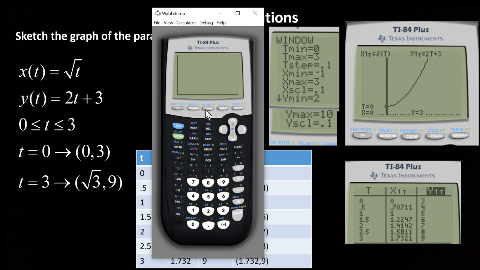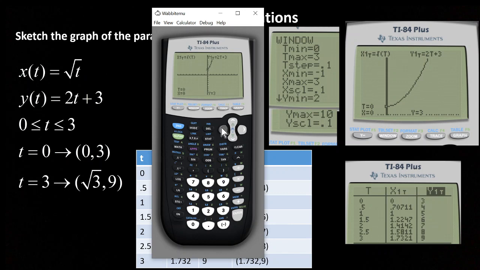So let's see. Let's go to zoom standard first. There we go. So we can trace over it, and as you see, as I change t, x and y change.